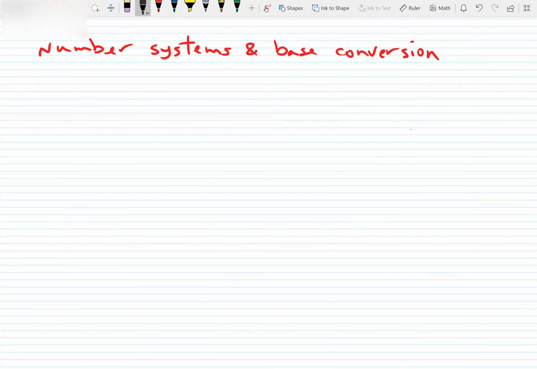We have this number, AF.16C in base 16, and we want to convert it to base 8.